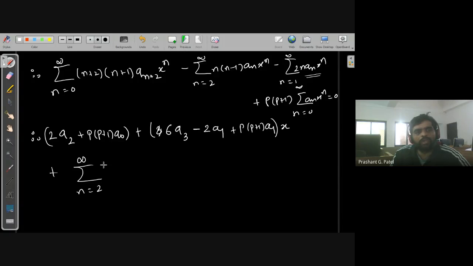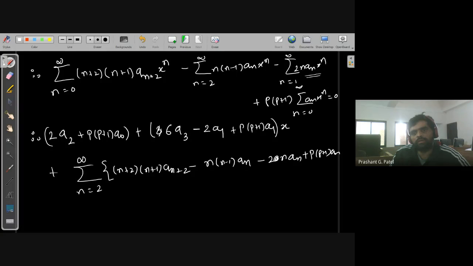And we can write that as n plus 2 into n plus 1 a n plus 2 minus n into n minus 1 a n minus 2 n into a n plus p into p plus 1 a n, whole into x raised to n, equal to 0.